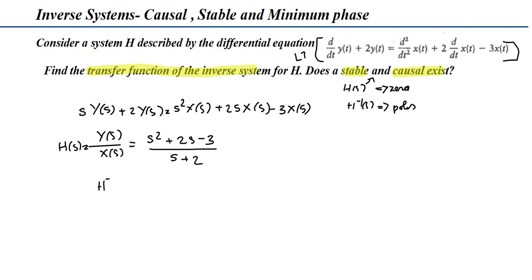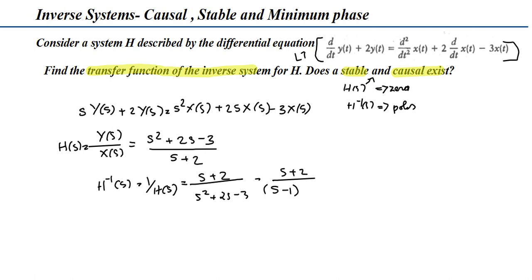The transfer function of the inverse system can be calculated as 1 by h of s. So we take the inverse: s plus 2 divided by s square plus 2s minus 3. If you factorize this, you get s plus 2 divided by s minus 1 into s plus 3.